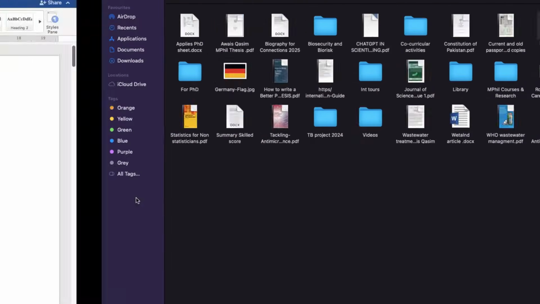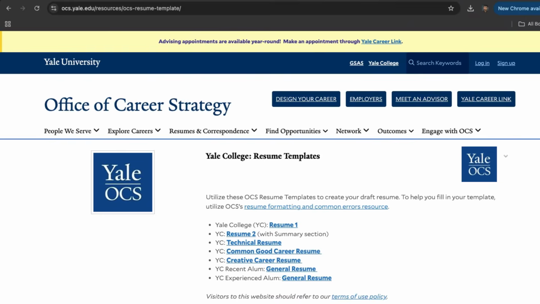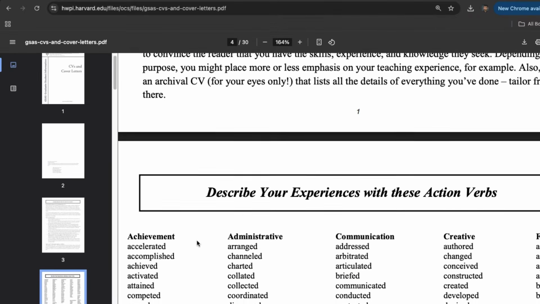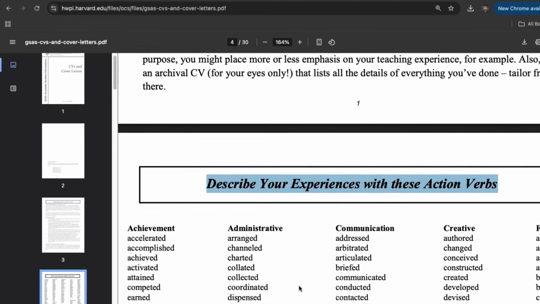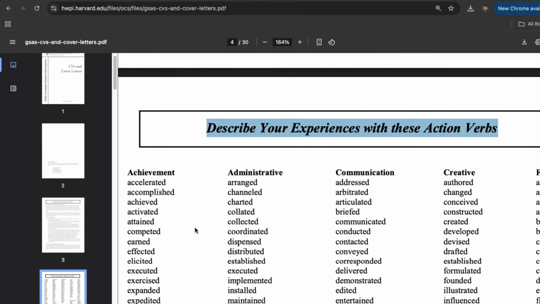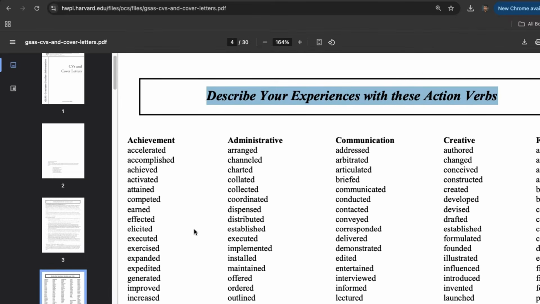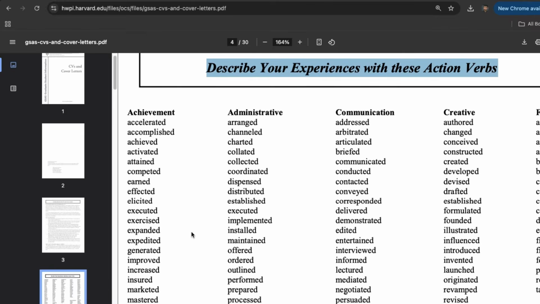Okay, and personally, I used the guide from Harvard because you know that Harvard is on the top nowadays, and also the reason was the action verbs, because they have mentioned a lot of action verbs, and it's very helpful. For example, if you have worked with your senior, you have helped him or her with their PhD project, for example, in sample collection, with analysis, or some writing with the review literature, you will be using these strong words like I have collected data, analyzed data, helped in literature.